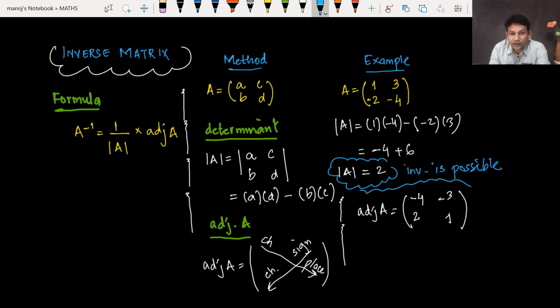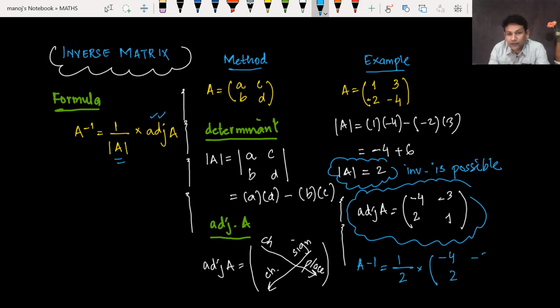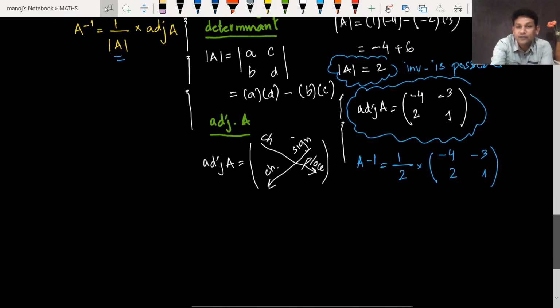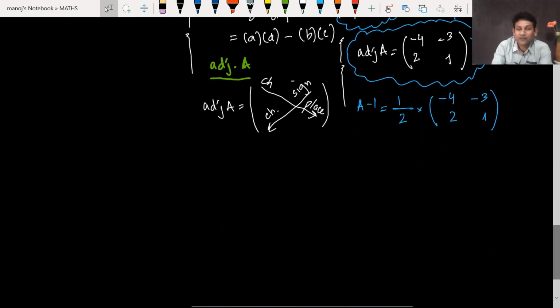Now when we have these two things with us, the determinant and the adjoint, we just need to put the values in the formula. That's 1 upon the determinant. The determinant is 2, multiplied by the adjoint A, which is minus 4, 2, minus 3 and 1. When you simplify, I have seen in the examination report that students can write the answer like this, but my advice to you is to please expand.